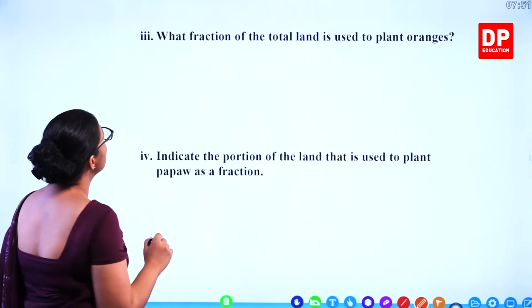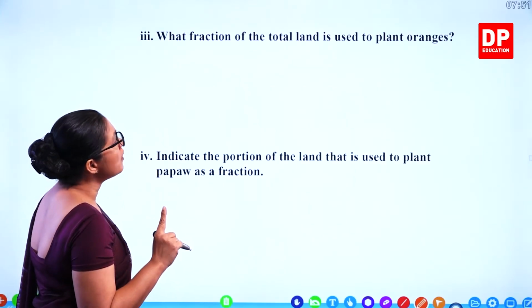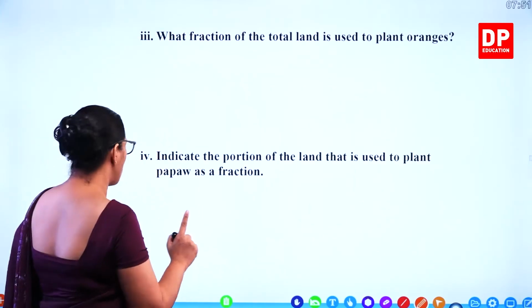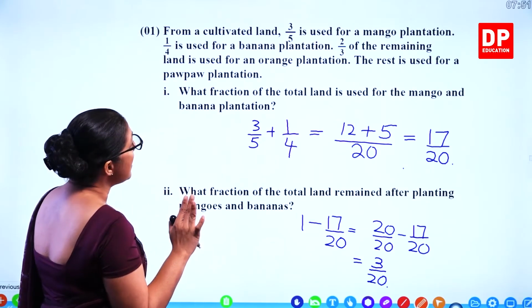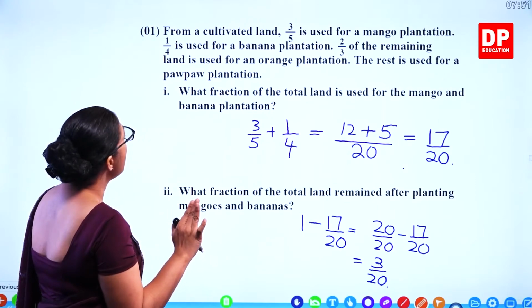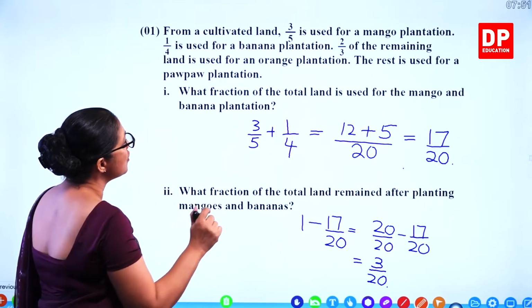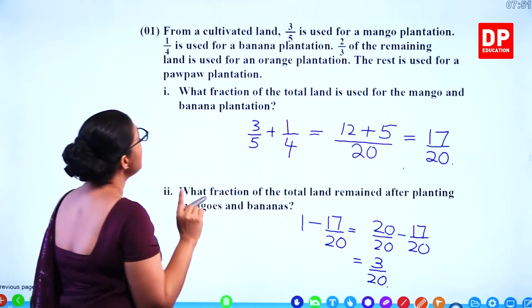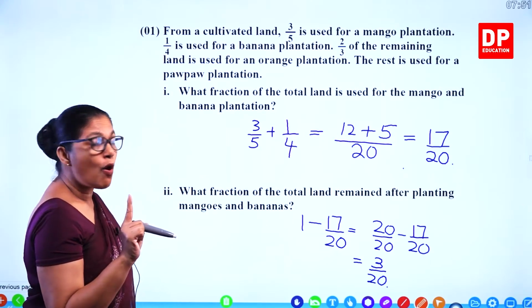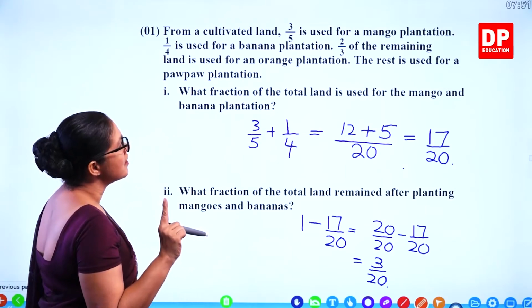So let's do the next part. What fraction of the total land is used to plant oranges? We need to read it again. It says 2/3 of the remaining land is used for an orange plantation.